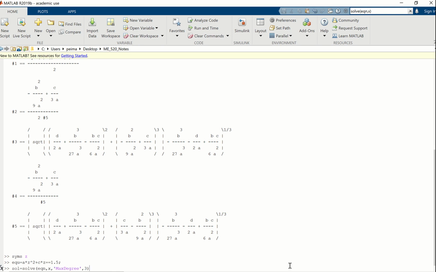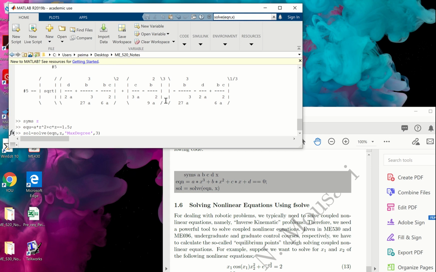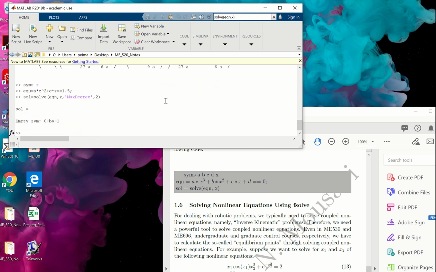Now if I solve this equation, and the variable is z, that's right, the variable is z. Oh, let me make it smaller. Okay, the variable is z. So it's second order, I'm gonna say 2. Okay, it's empty, that's right, it's empty. It says there's no solution for this, that's right.